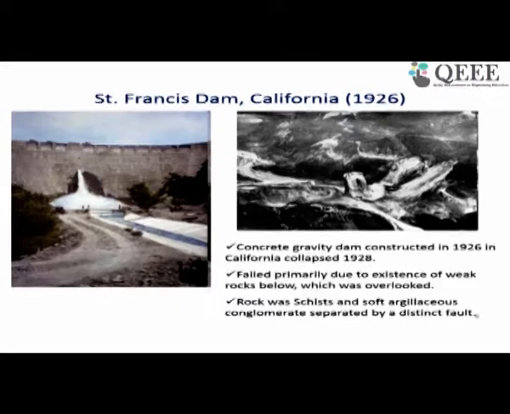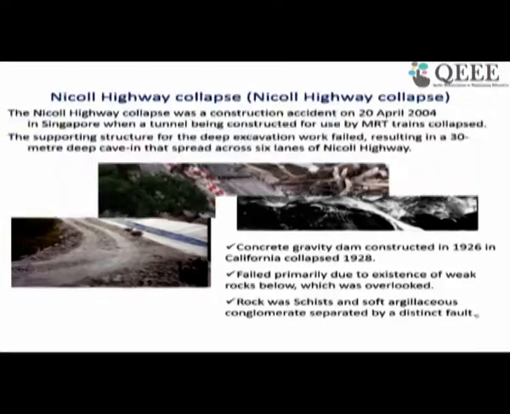When investigation was done, it was found that it failed primarily because of the existing weak rock below the hard strata, which was overlooked. This tells us that if we had done the investigation properly, we could have avoided this disaster, because we missed the weak strata below.